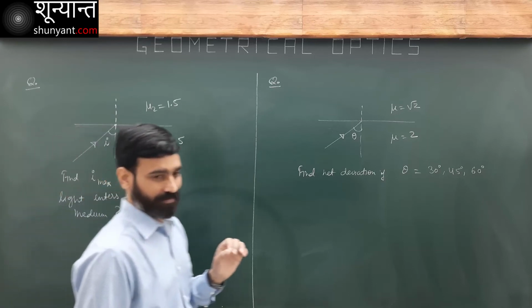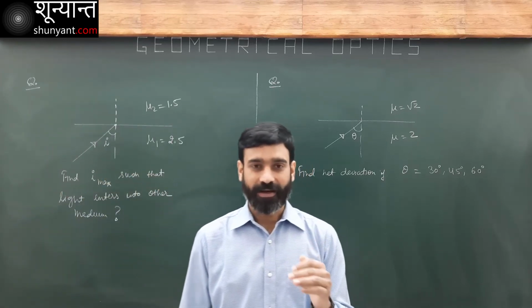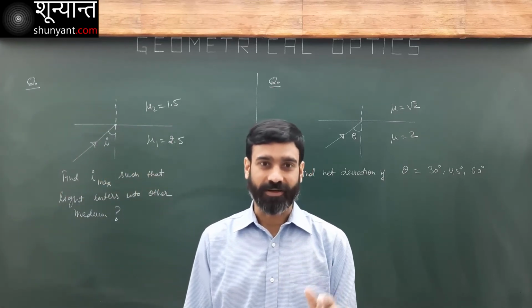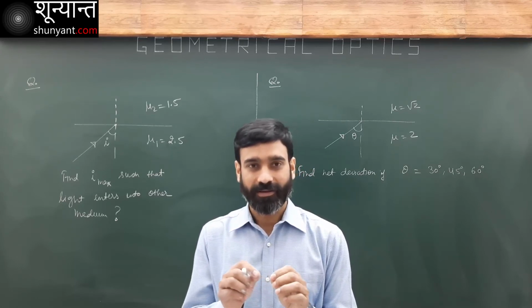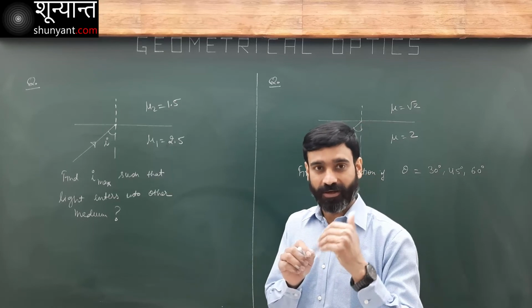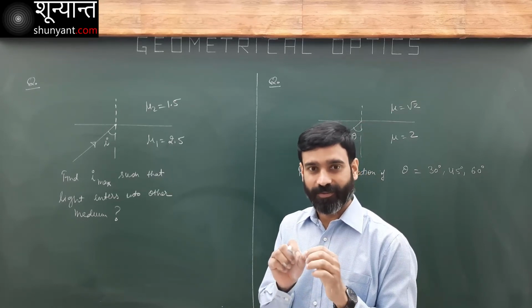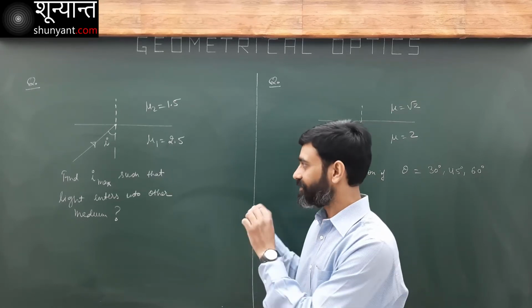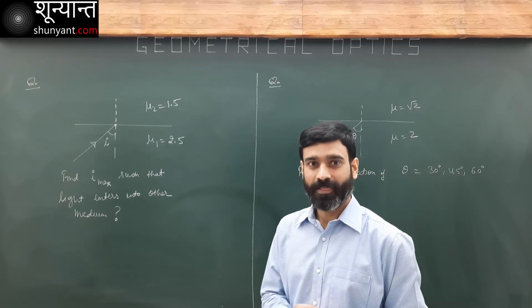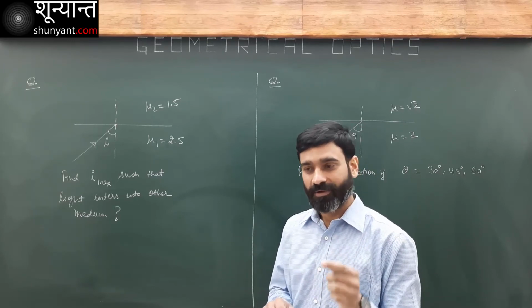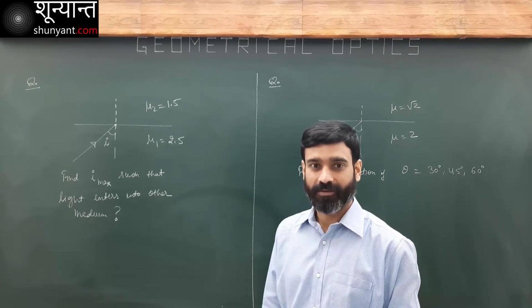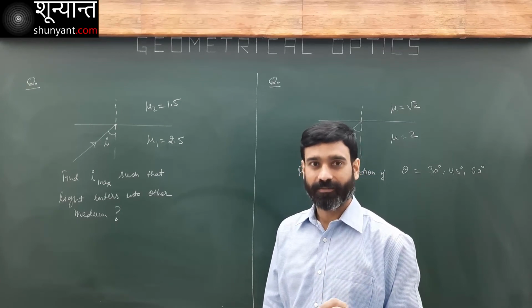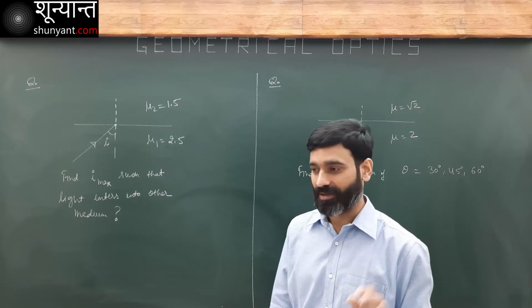Keep it in mind, whenever light goes from denser to rarer, look at the problem and try to recognize this. Once you are able to recognize that this problem is a case of light going from denser to rarer, the first thing that should come to your mind is critical angle and total internal reflection.